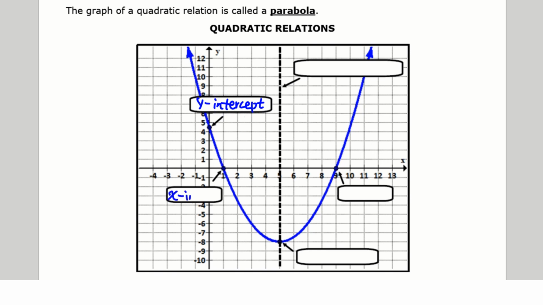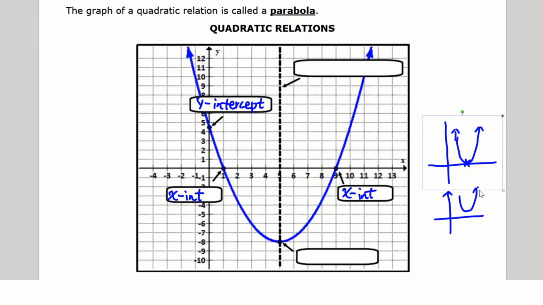And you will see you always have one y-intercept, but you may have two x-intercepts, or you may have one x-intercept, or you may have 0 x-intercepts. If the graph is above the x-axis, it doesn't have any x-intercept.